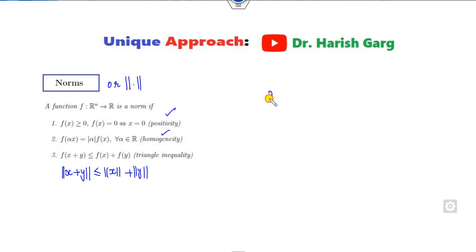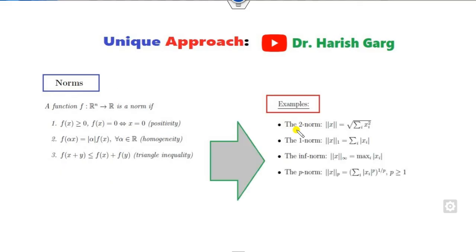Moreover, if x is a single vector, that is 1 cross 1, then this norm is nothing but the absolute value of x. There are some standard norms: the 2 norm, called the L2 norm, the 1 norm, that is a summation, the infinity norm and the p norm.